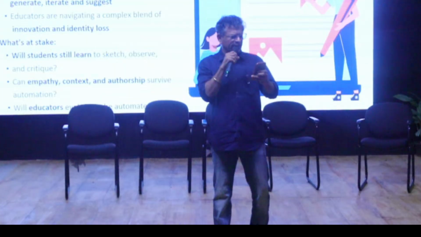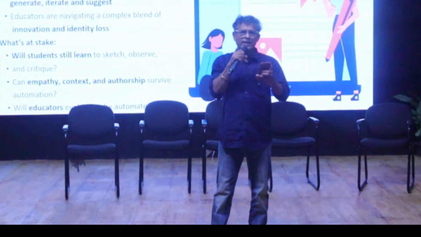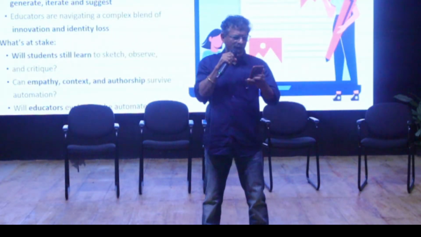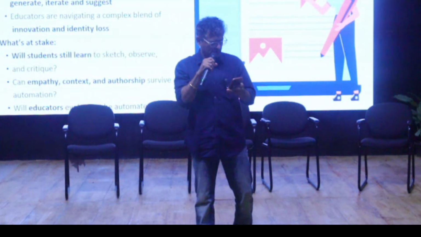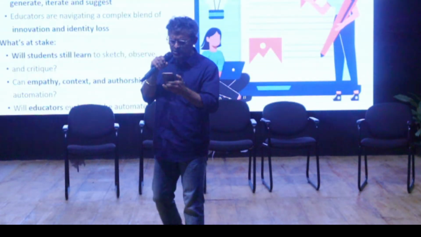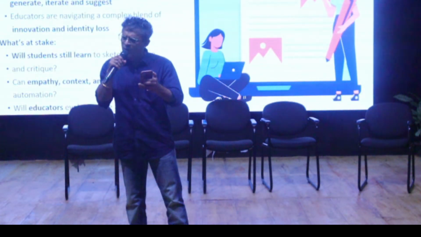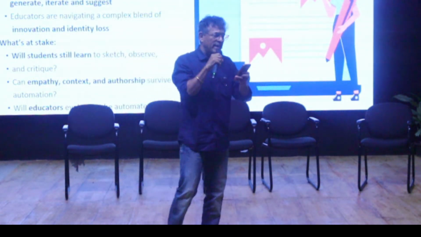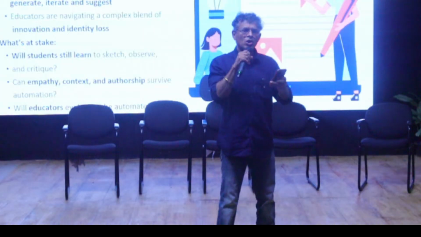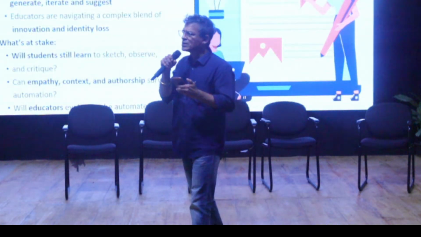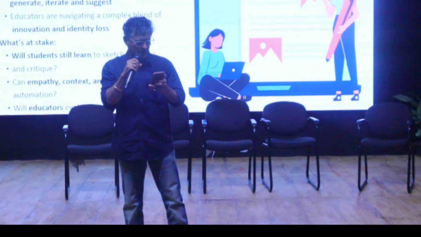We are already witnessing disruptions with tools that generate, iterate, and suggest as they become commonplace. So, will our students still learn the fundamentals of design in the traditional way? And can we maintain elements like empathy, context, and authorship in the age of complete automation?